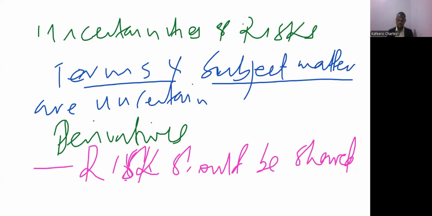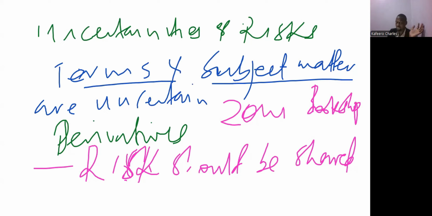For example, if the bank lends me, let's say 20 million, and maybe for me to go and invest in, let's say, a bookshop, but before the bookshop starts, the money is stolen.